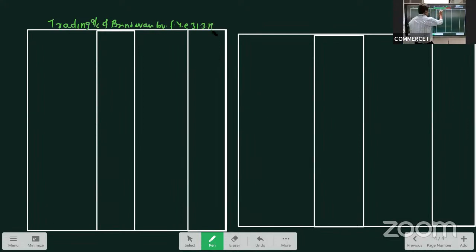And this is profit and loss account of Brindavan Business for the year ended on 31st March 2019. Same.